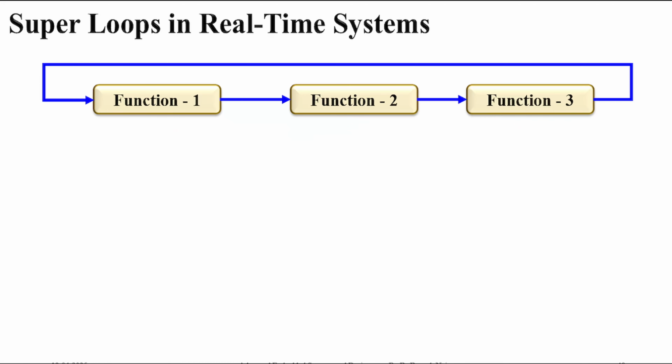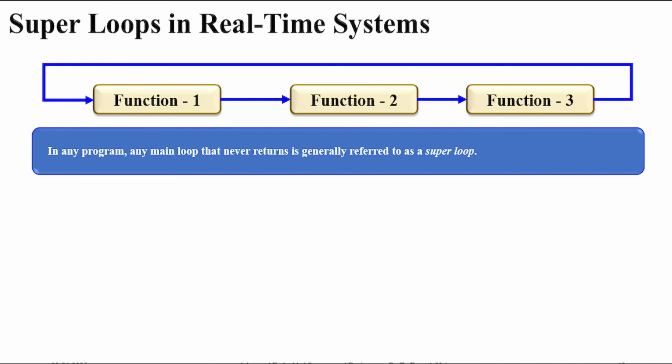This cycle will keep on running for an infinite period. Such an approach is generally called a super loop, and any main loop that never returns is generally referred to as a super loop.